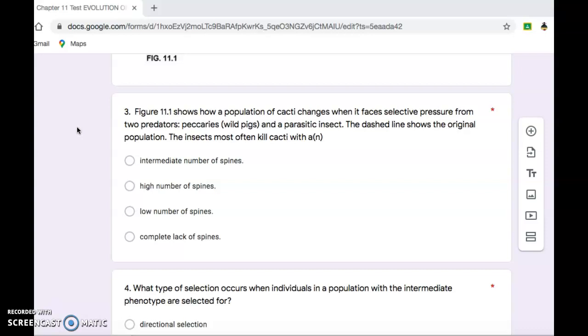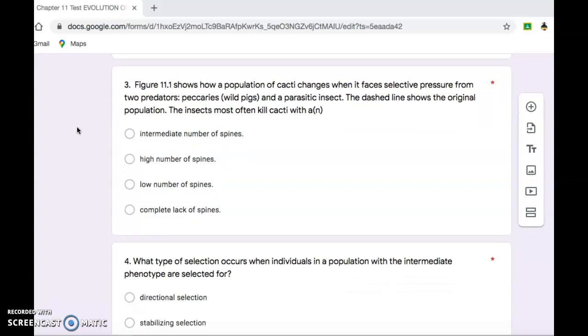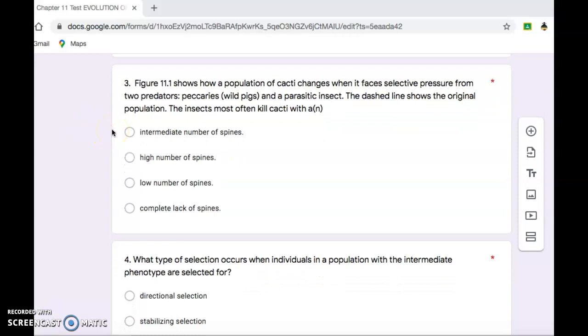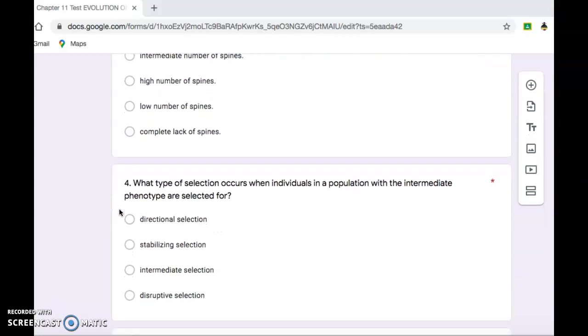The dashed line shows the original population. This insect most often kills cacti with an intermediate number of spines, high number of spines, low number of spines, or complete lack of spines. Again, use that picture to help you.